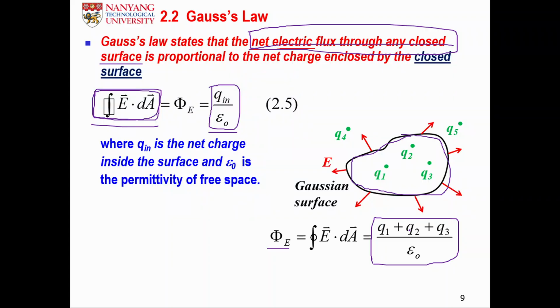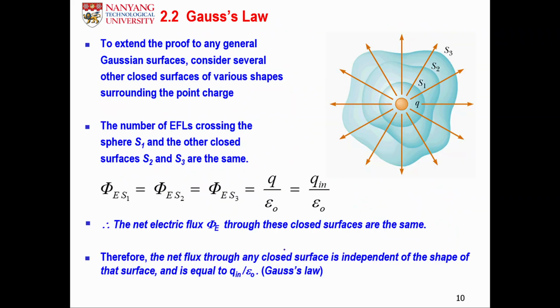So you can see, based on Gauss's law, it becomes very straightforward to determine phi E. Similarly, if you have one charge, Q, and different closed surfaces, S1, S2, and S3, immediately we can tell the electrical flux through S1, S2, S3 should all equal Q over epsilon naught, because here the Q in for S1, S2, S3 are the same.